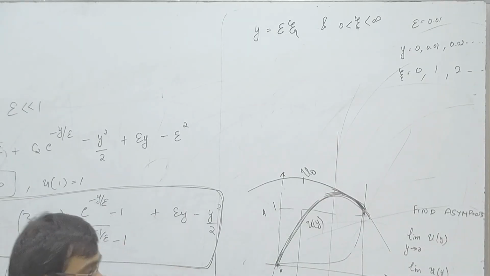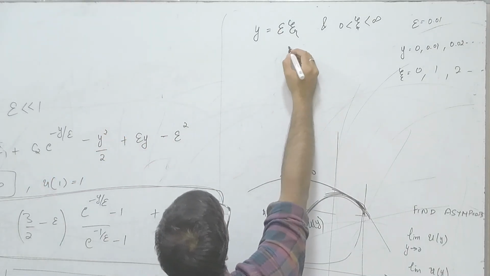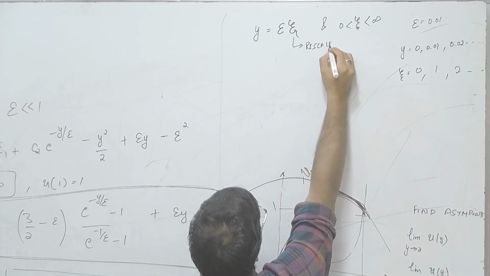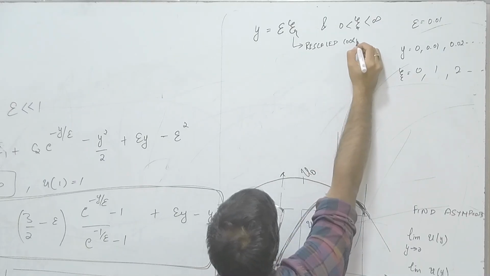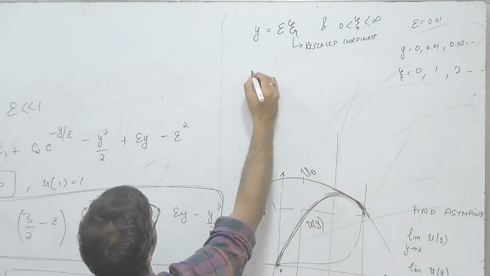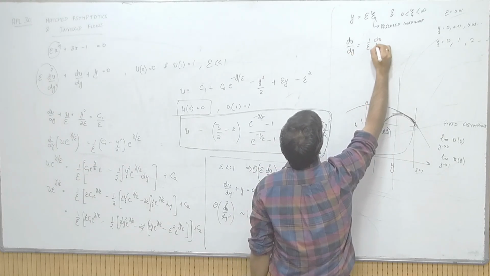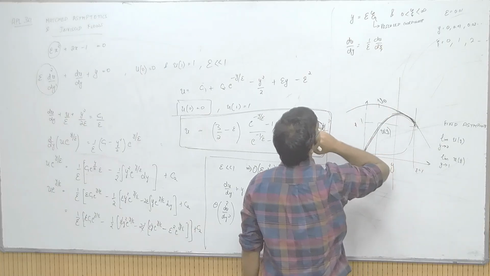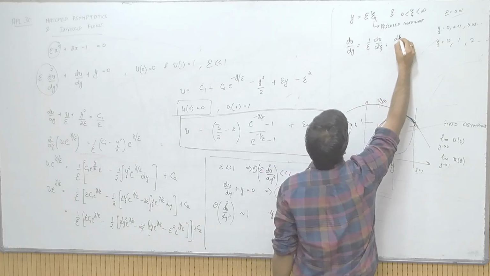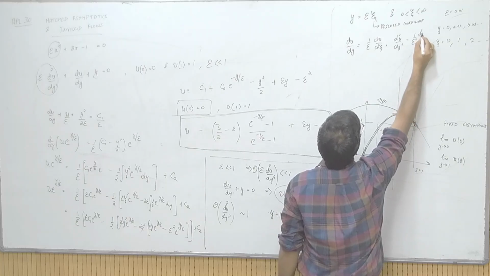And the power of this rescaled coordinate, this c we will call a rescaled coordinate, is that du by dy now becomes 1 by epsilon du by dc, and d2u by dy square becomes 1 by epsilon square d2u by dc square.